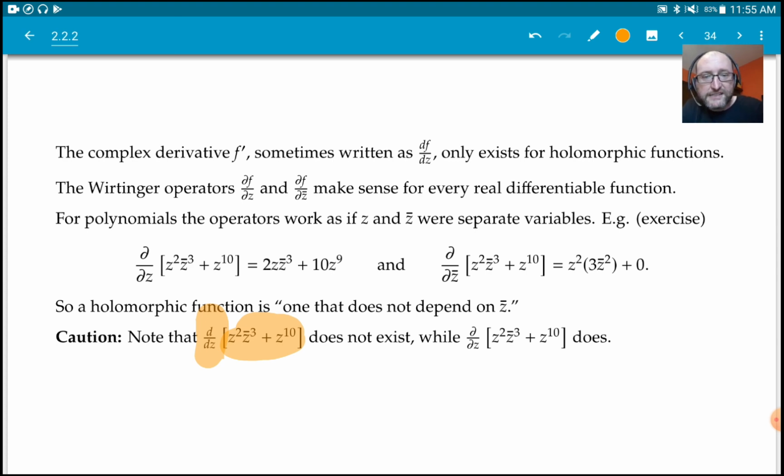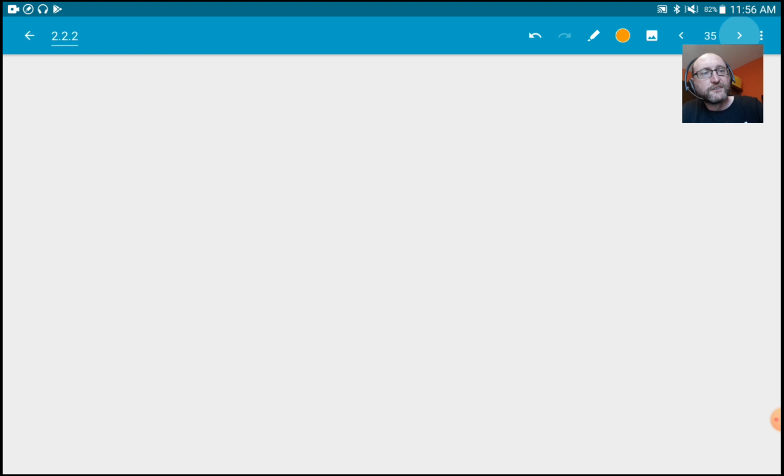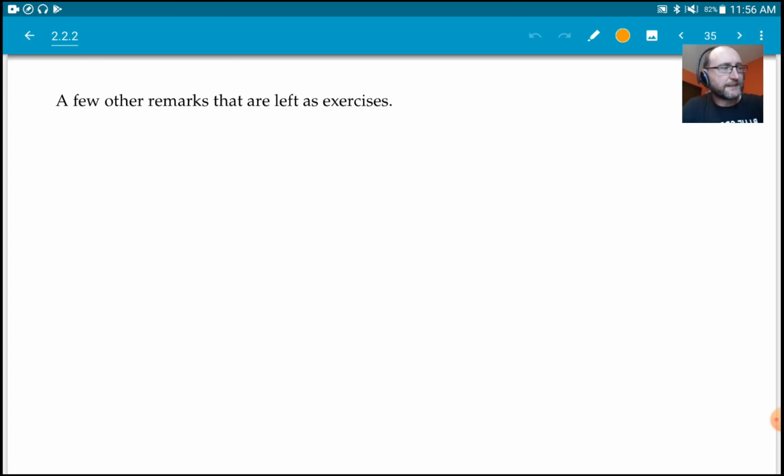However, this derivative, sorry, it's not the complex derivative, it's the Wirtinger operator. That guy exists, right? That only depends on the x and y partials, so that I can compute. I can always compute it, as long as all the x and y partials exist. So that's a little bit of a subtle issue.